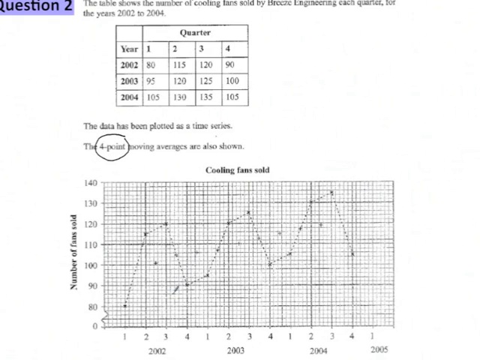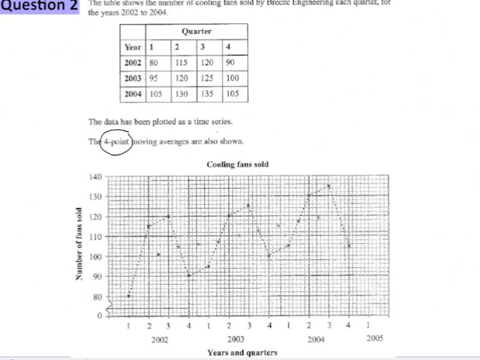First off, we're asked to draw a trend line for this data. Now the trend line is the line of best fit through the moving averages. So we need to get a line that goes approximately through these points. So somewhere roughly like that on your graph. We're then asked to write down what the trend line shows about the number of cooling fans sold between 2002 and 2004.